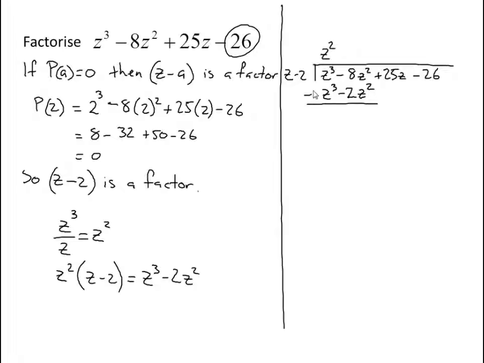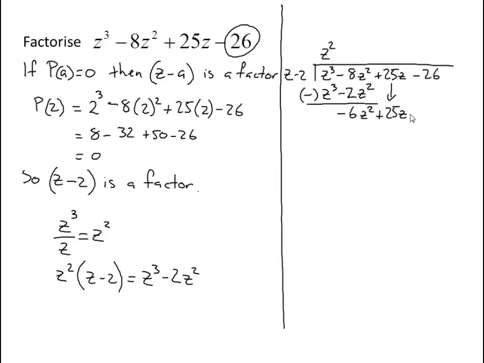And now we subtract. z cubed minus z cubed gives me 0, minus 8 minus minus 2, so that becomes plus 2, I get minus 6z squared. Now I bring down plus 25z.